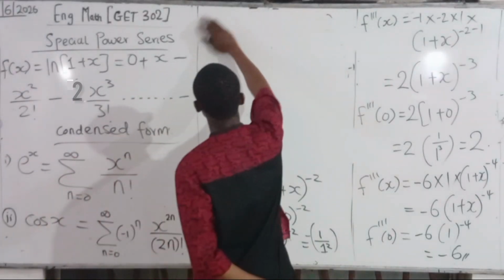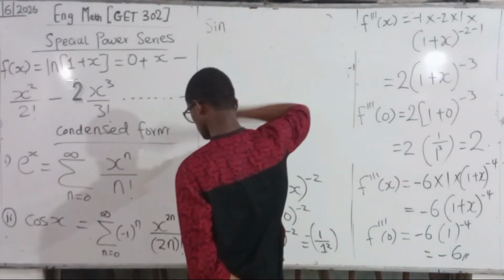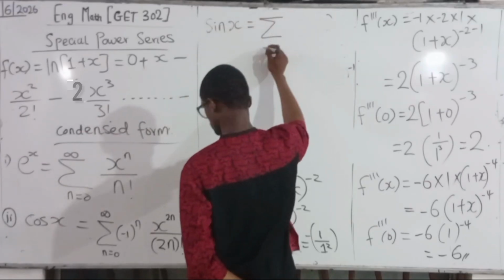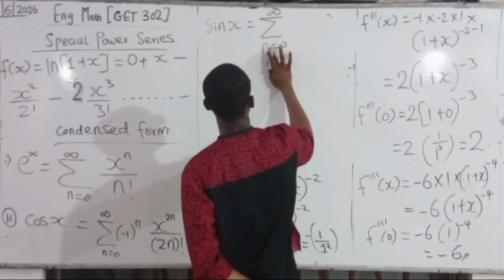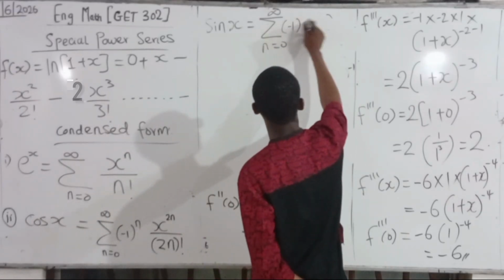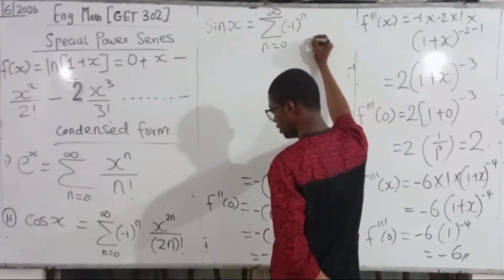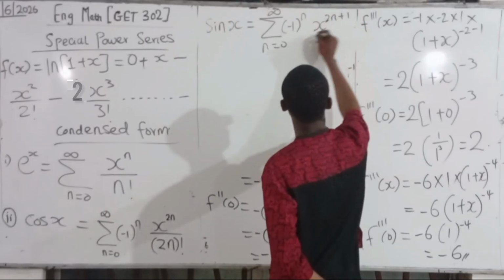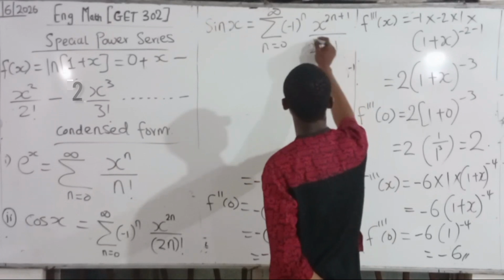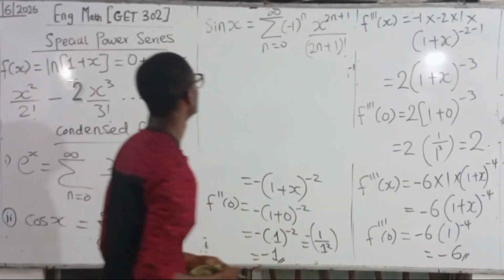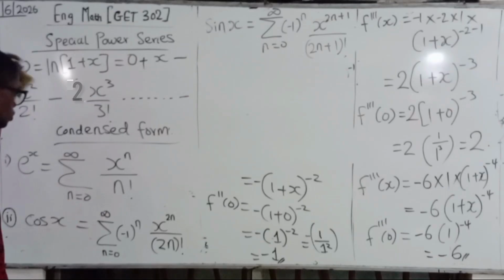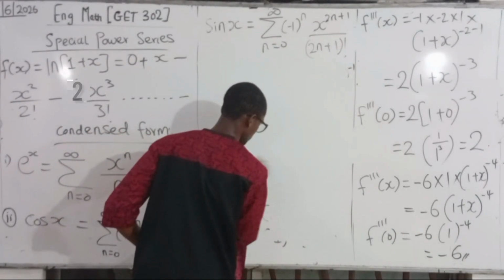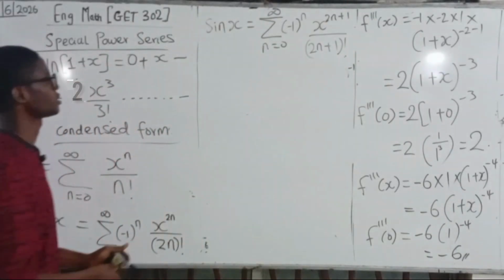Then for sine x, it should be sigma from 0 to infinity of minus 1 to the power of n, x to the power of 2n plus 1 all over 2n plus 1 factorial. Yes, this is for sine. So there are other condensed formats.